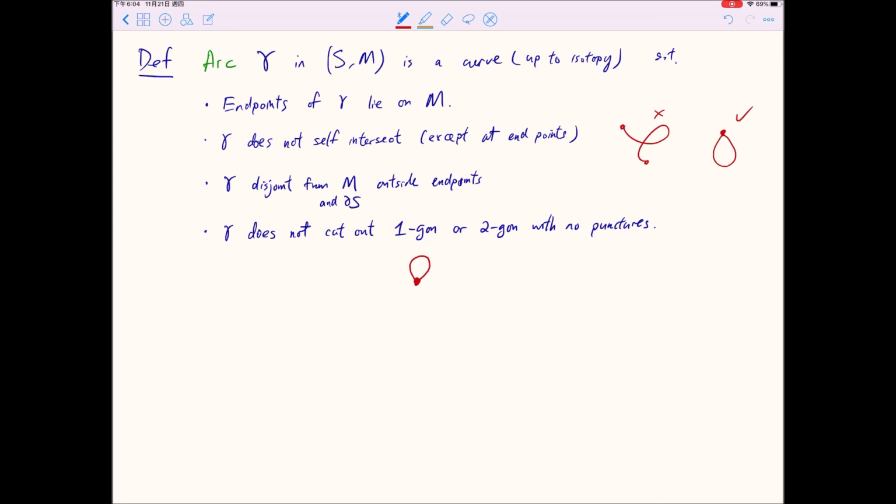So this is the 1-gon, and this is the interior here. So this should be a 1-gon, and you don't want it, and a 2-gon with no punctures. So how can you cut out a 2-gon? Well, for example, you have a boundary, and your curve starts and ends at the boundary. If you draw such a curve like this, then this will be a 2-gon with no punctures, and you do not allow this situation.